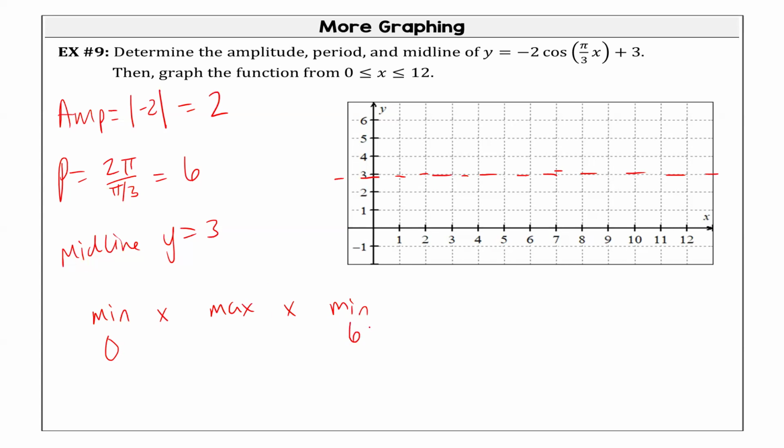At 6. And then what's the halfway? And then what's halfway between these two? And halfway between these two? 4.5. Okay. And then my min and my max. So what is going to be my minimum value? And what's going to be my max value?